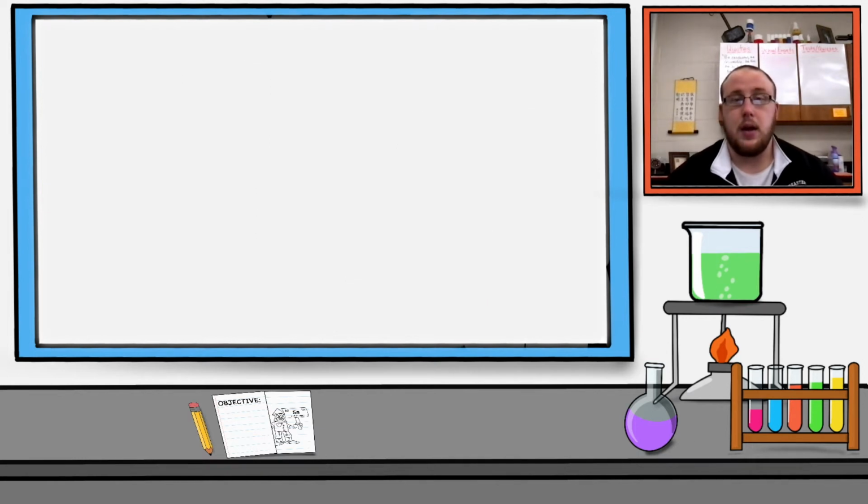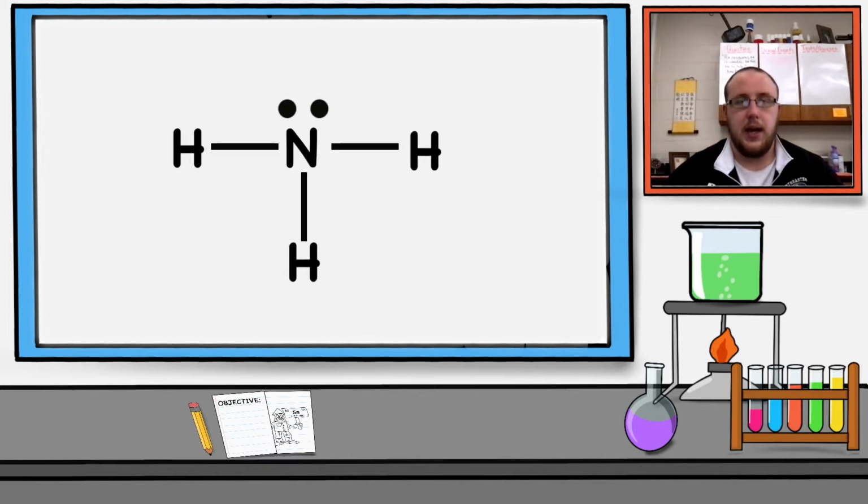So let's look at a compound of ammonia, also known as nitrogen trihydride. Its chemical formula is NH3. If we look at the Lewis dot structure for ammonia, it would look something like this. We would have our nitrogen as our central atom, and it would be surrounded by 3 hydrogen atoms and have one lone electron pair.